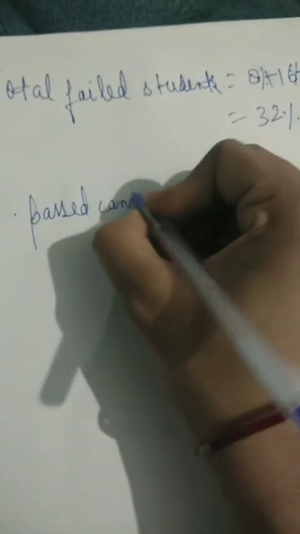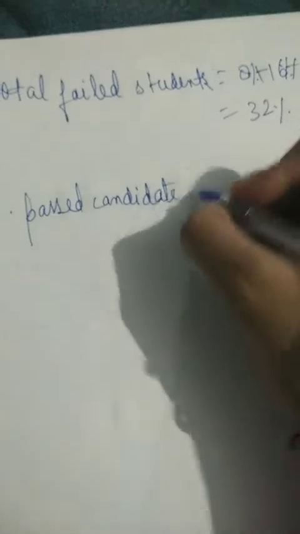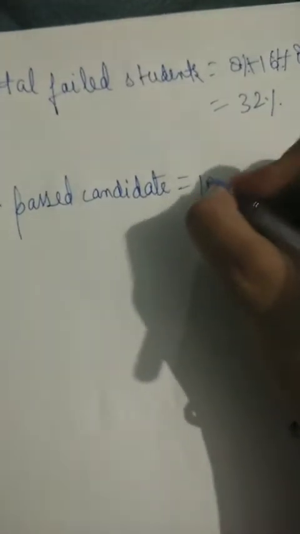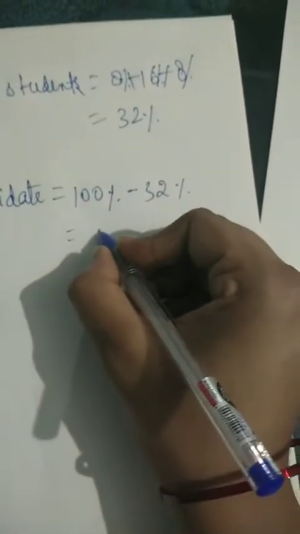Now next you have to find, if 340 candidates passed in the test, then how many candidates appeared in the test. So percent of passed candidates will be equal to 100% minus 32%, which is equal to 100 minus 32 is 68%.